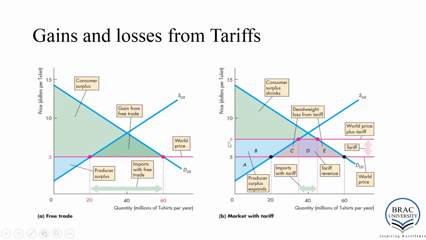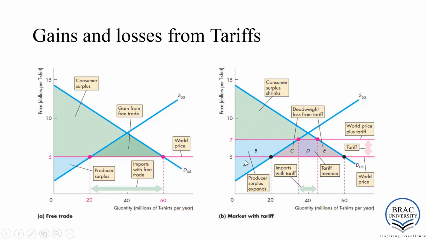And if we find the consumer surplus, it is below the demand curve and over the price, which is this green triangle. We can see that the consumer surplus is lower than when there was free trade. So due to the tariff, the consumer surplus has shrunk.